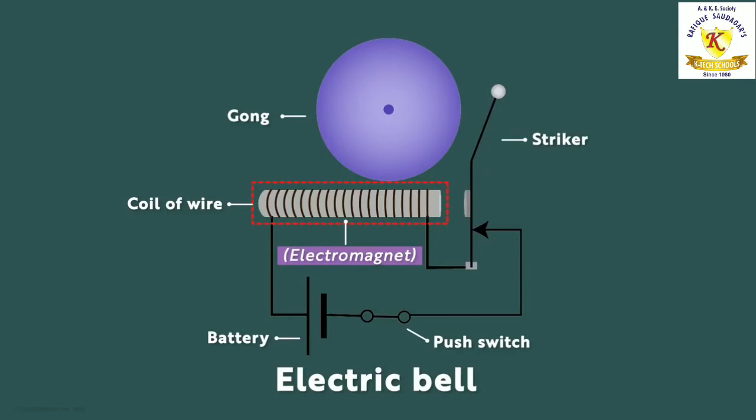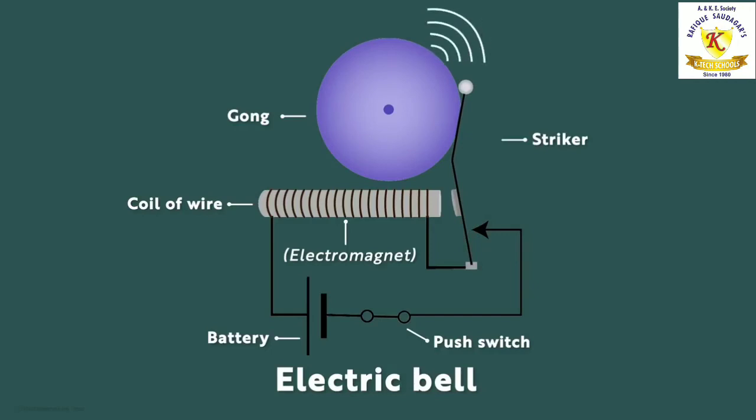The electromagnet then attracts the soft iron towards it, and in the process the striker strikes the gong and the sound is produced. But notice what happens when the striker hits the gong.